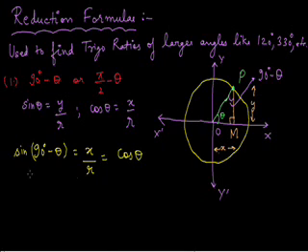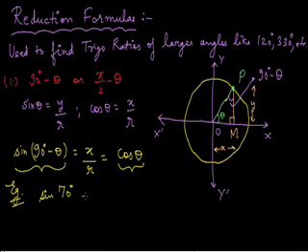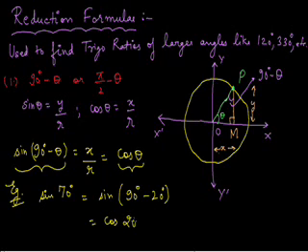So sine of 90 minus theta is equal to cos theta. For example, if you are given sine of 70 degree, you can treat it as sine of 90 degree minus 20 degree, which will be equal to cos 20 degree. So here sine gets converted to cos, and the angle gets reduced. Sine 70 is equal to cos 20.